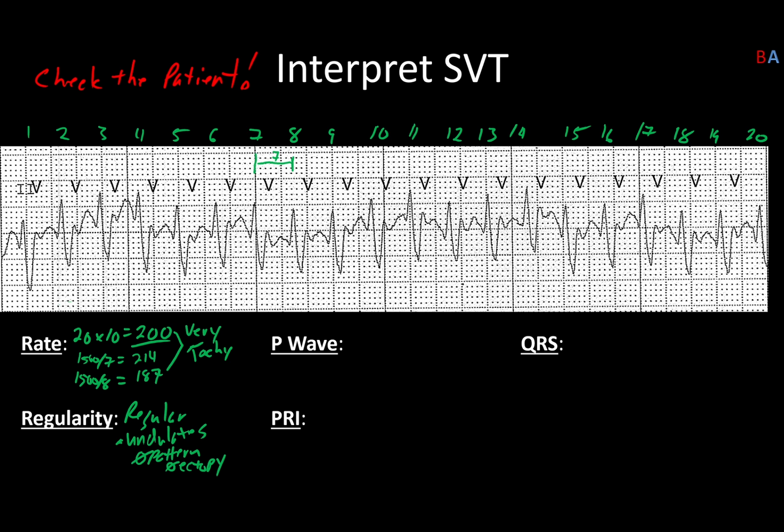Now, can you see any P waves in this? Well, first, let's look at this a little closer and see if we can't pick apart what we're looking at. And so we'll start here on the end with the 16, 17, 18. Right up here, this is your R wave. This is your S wave.